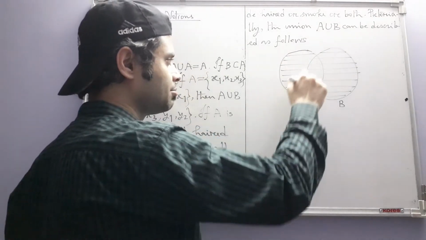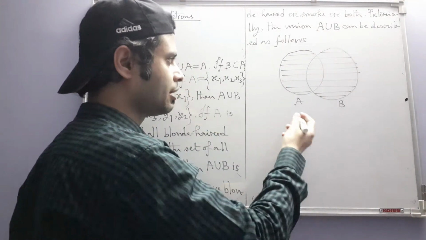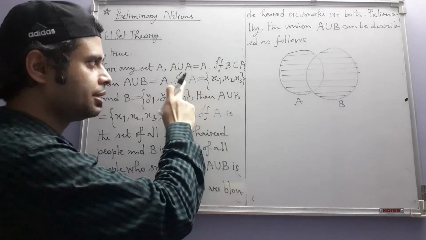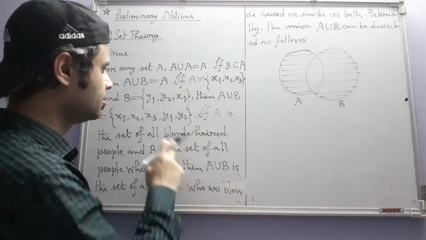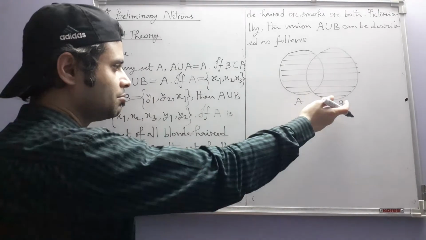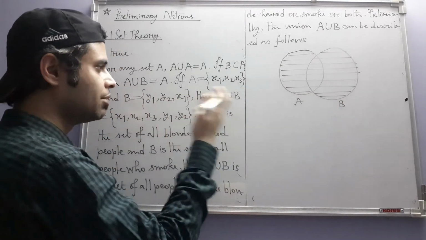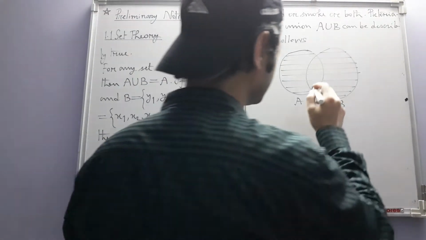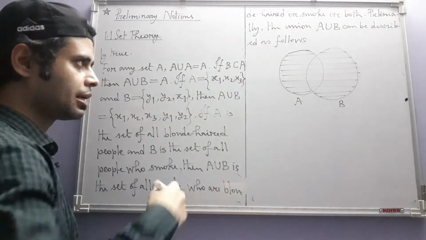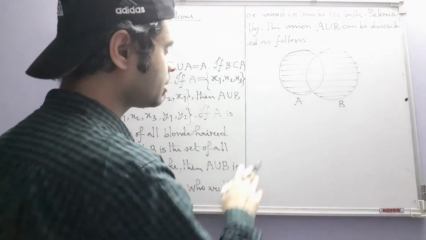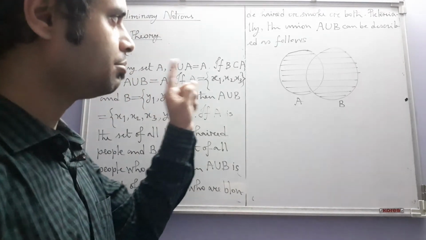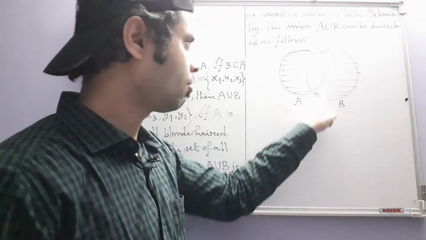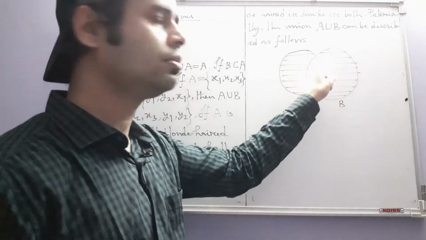So that's why we have drawn the two circles in such a way that there is a common area. And of course there may be some elements in A which are not in B, like this x2 is in A which is not in B. Like that there may be some element y1 in B which is not in A, say. So this is the general situation. Then the union consists of those elements which are either in A or in B or in both.